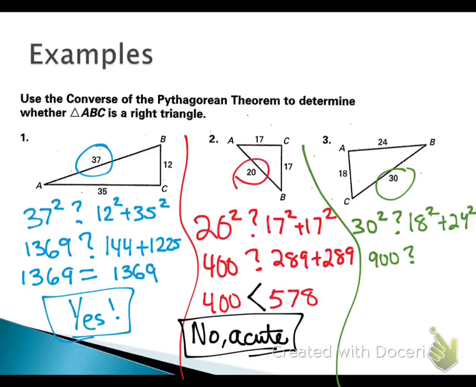Question mark, 18 squared, 324, 24 squared, 576. So 324 plus 576. So 900 equals 900. So what type of triangle is this? Right. And the directions say, is it a right triangle? So you can just say yes.